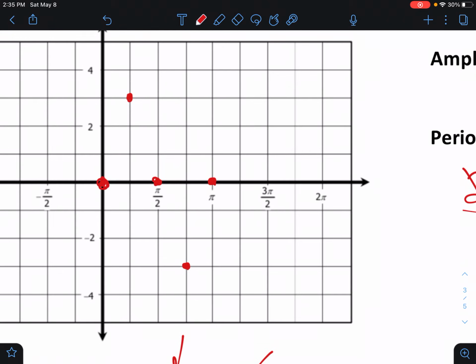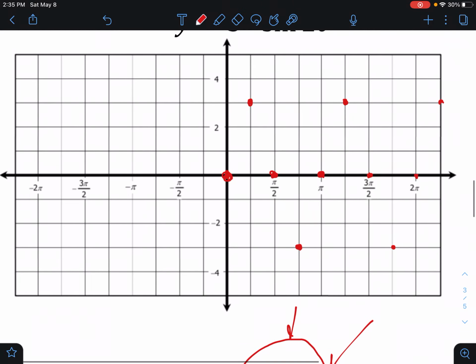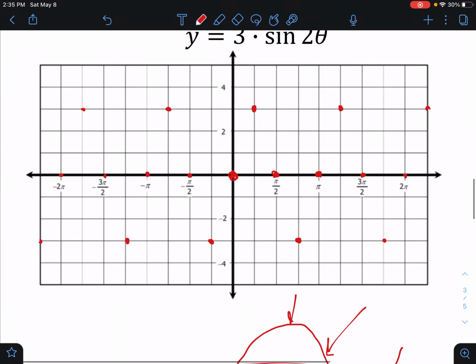So I'm just going to continue this on. This would go up to 3, 0, -3, 0, 3. And again, try to fill out the entire graph all the way. Make sure that that happens. Okay, so going back the other way here, I'm going to put my dots and then do my best to connect this.